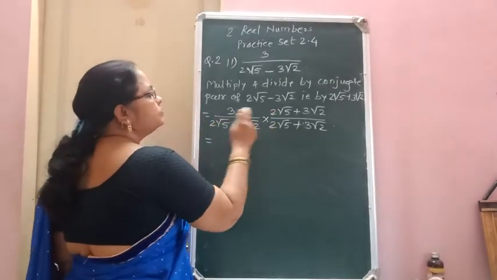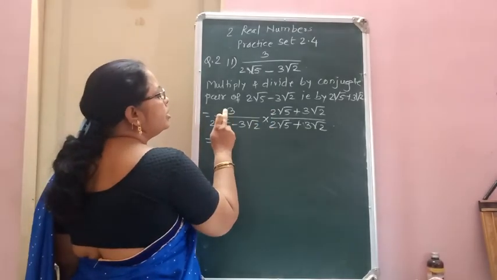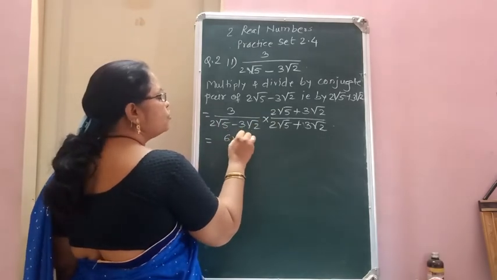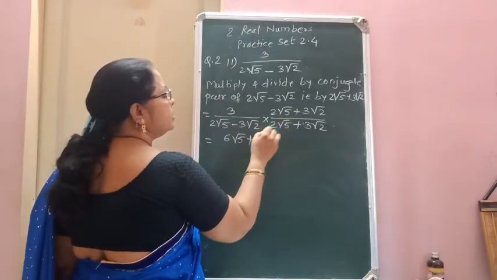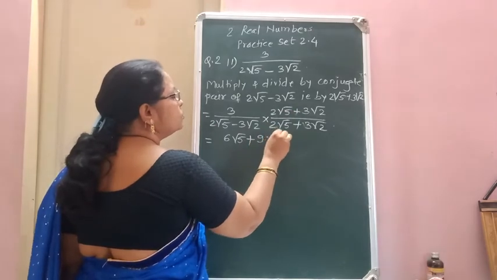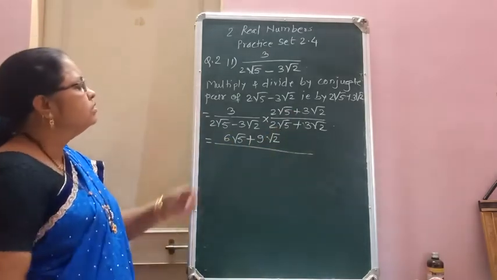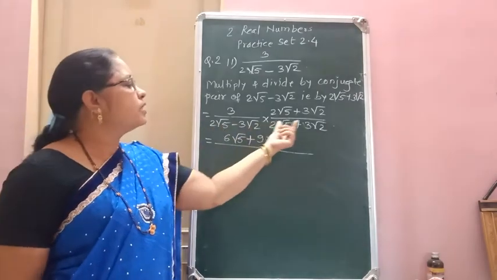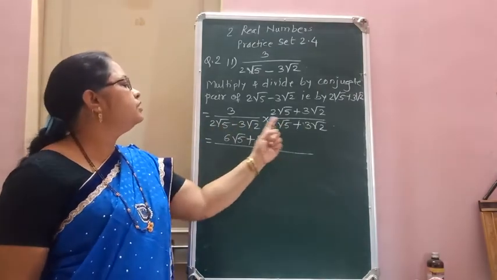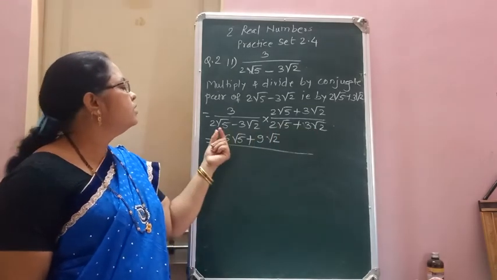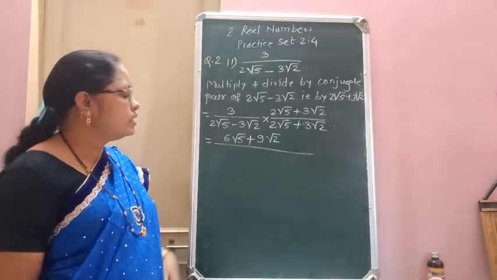In the numerator, there is the multiplication of these two numbers: 3 into 2, that is 6 root 5, plus 3 into 3, that is 9 root 2. In the denominator, the same terms are there, only there is a sign change.